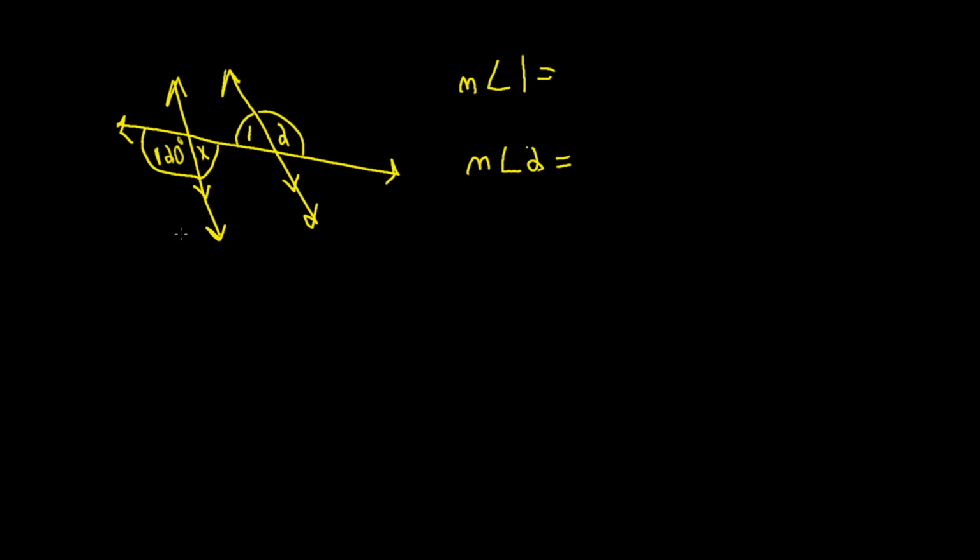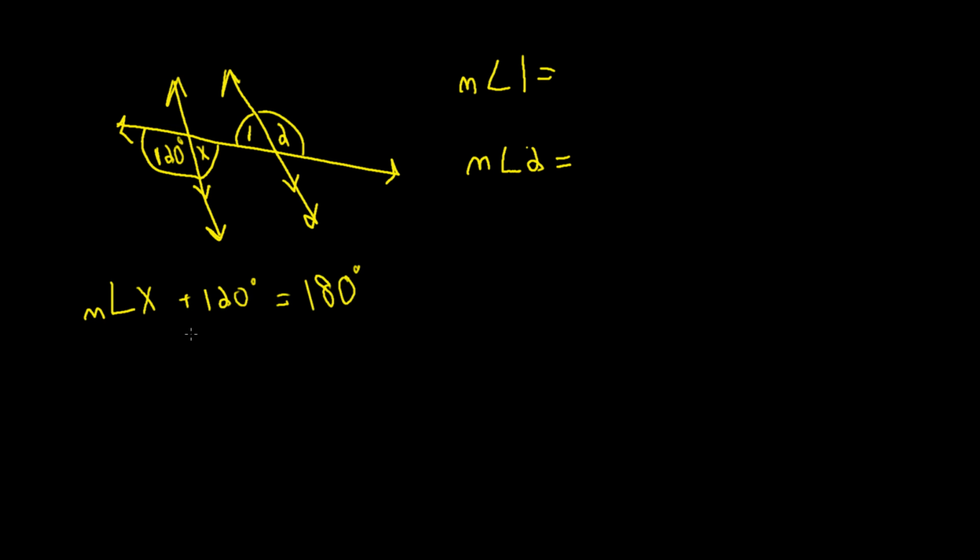So how do I find x? Well, our original angle of 120 degrees and x together would equal 180. So the measure of angle x plus 120 degrees equals 180 degrees.